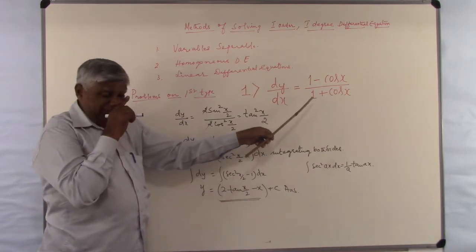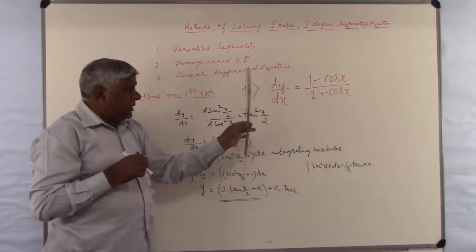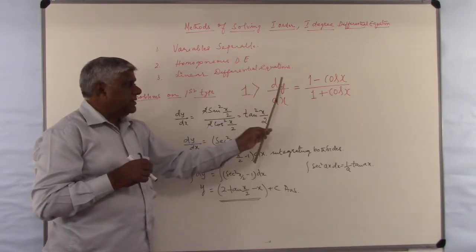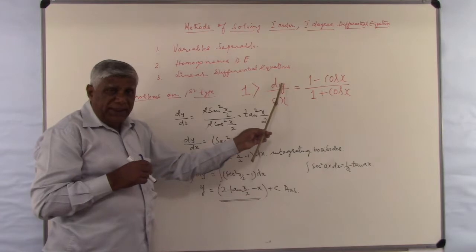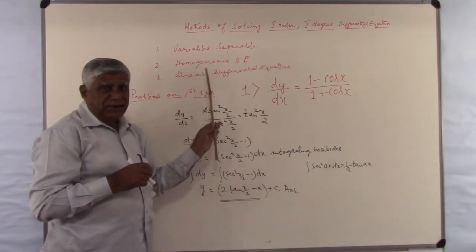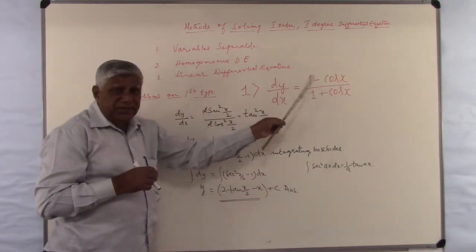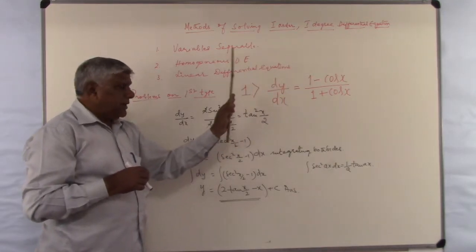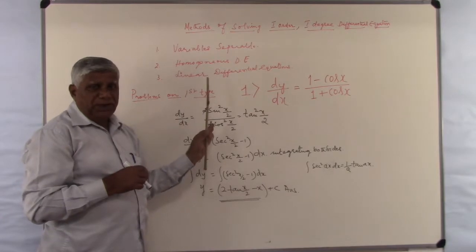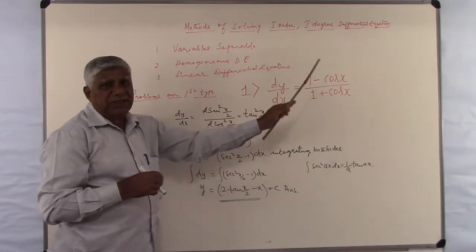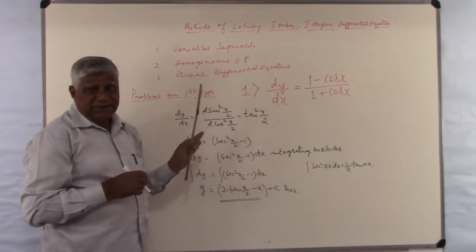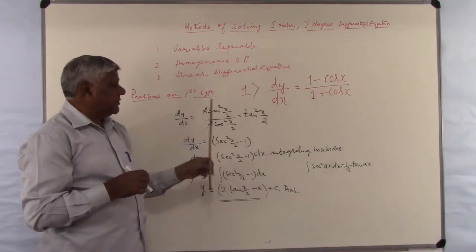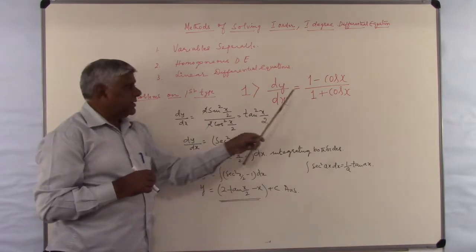Variable separable means all variables which are of y must be separated, and all variables which are of x must be separated separately. So dy with y variable, dx with x variable are all separated here. Now here he has given 1 minus cos x by 1 plus cos x.